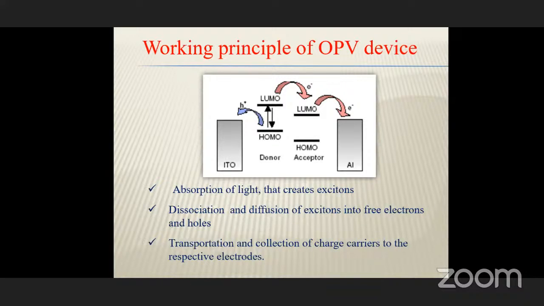Since the absorption efficiency of organic materials is so high, only 100 nanometers thickness is enough to absorb most of the photons, so carrier collection efficiency increases as well. However, most of the organic materials have a band gap greater than 2 electron volts, that is 620 nanometers.